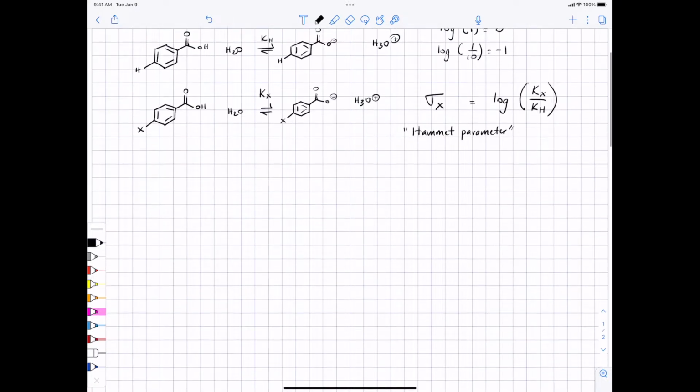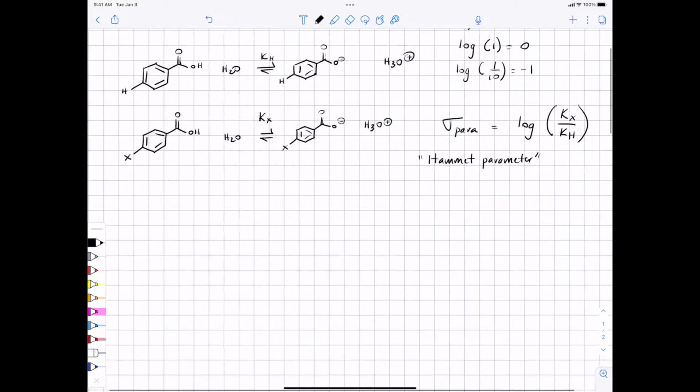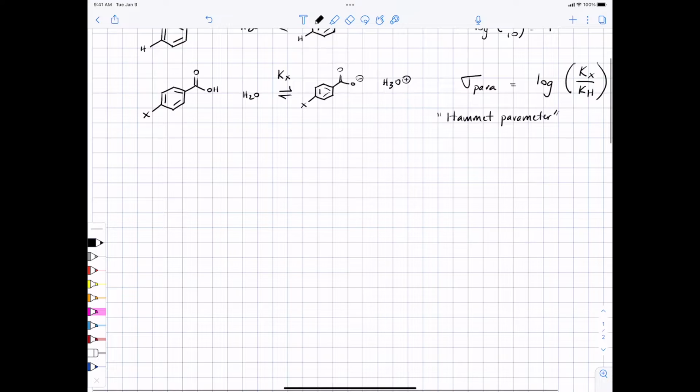So I'm going to show you the results for these experiments, because the values for sigma that we are going to generate are often called sigma para because the substituent is at the para position. Some of what we talk about here is going to relate to intuition you've developed from your experience with electrophilic aromatic substitution reactions and understanding electron withdrawing versus donating groups.